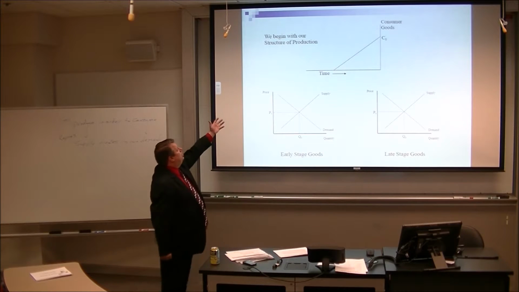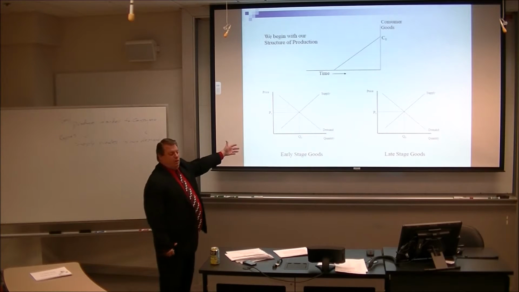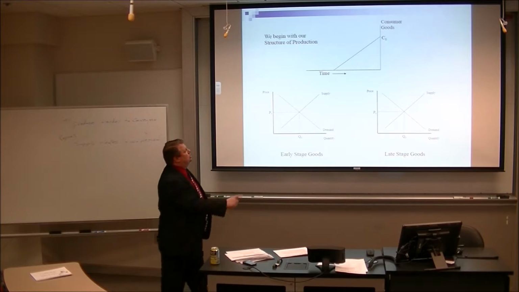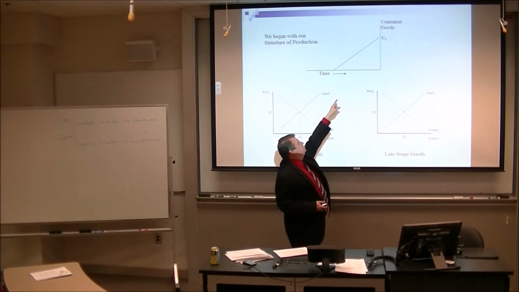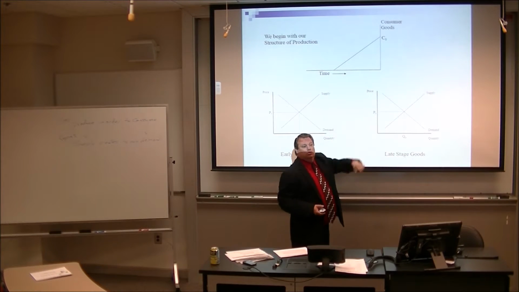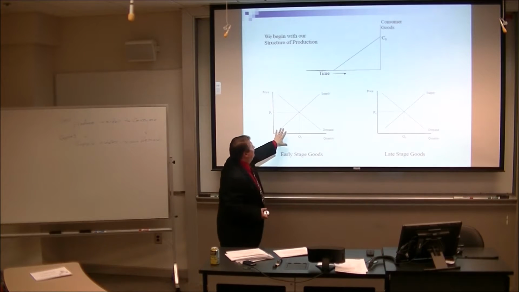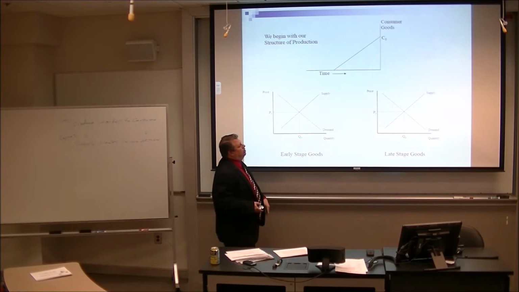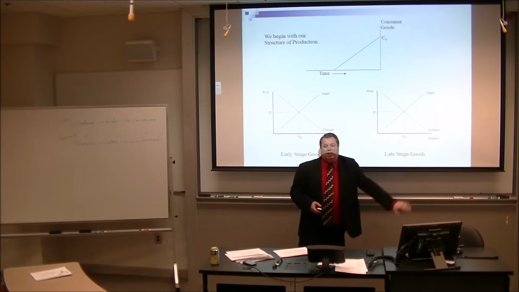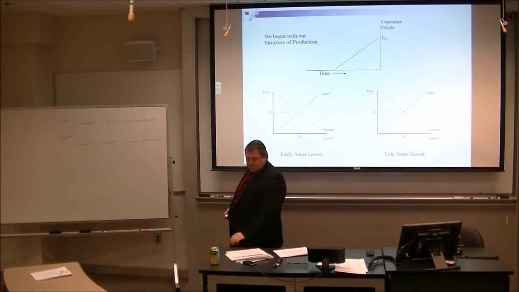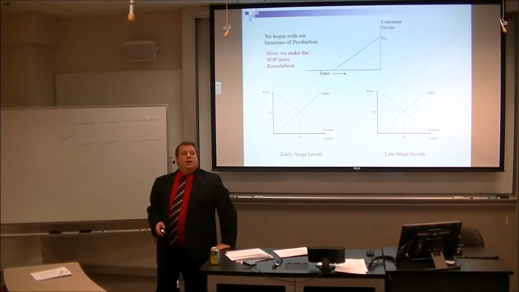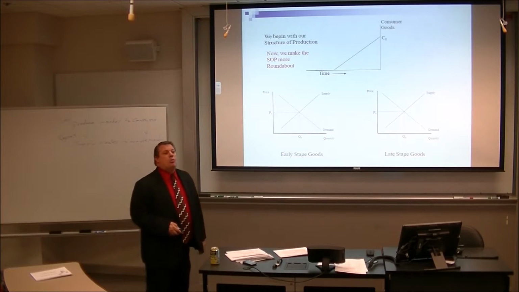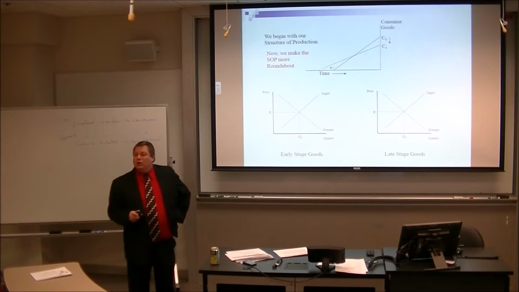Okay, so let's look at this model here, right? So here's our structured production up here at the top. We have consumer goods and our structured production. And over here we have our market for early stage goods and a market for late stage goods. Now, we want to make the structured production more roundabout. So how do we do that?